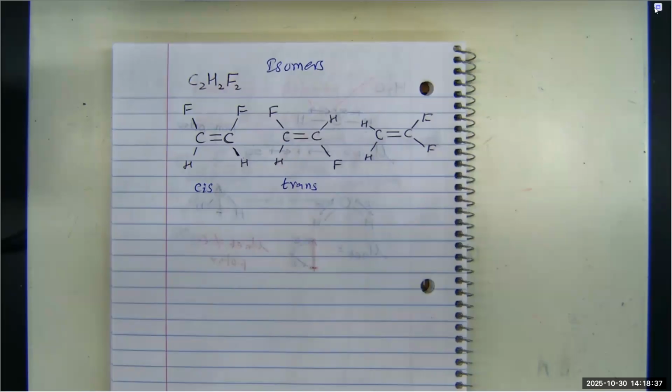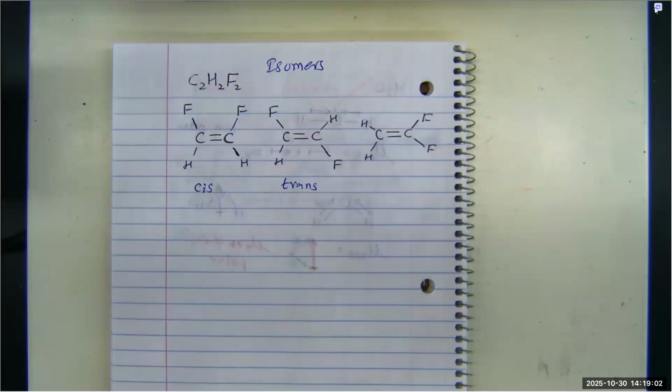If they are cis, then you have the groups going in the same direction. That affects the packing of the fatty acid chains, and therefore it decreases the melting point and so on. But it's for another discussion. We'll talk about that later.